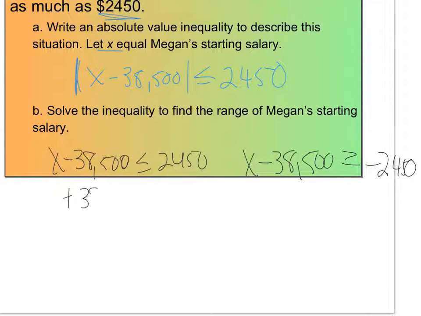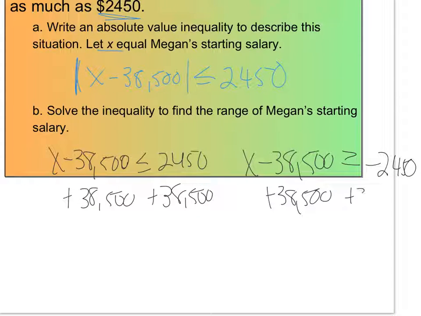So add $38,500 everywhere. Kind of doing two problems at once here. So $38,500 and $2,450. That's going to be X less than or equal to $40,950.